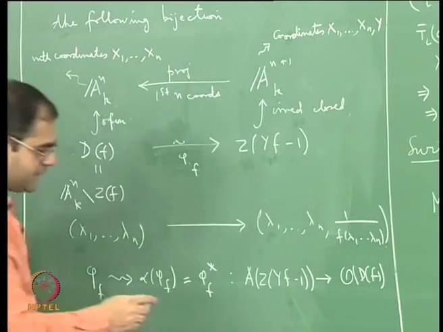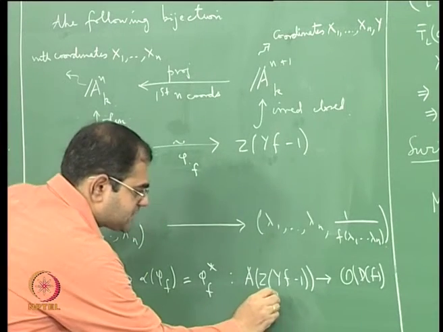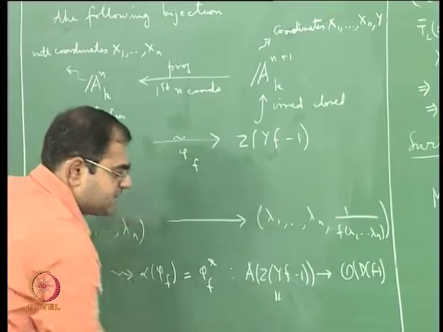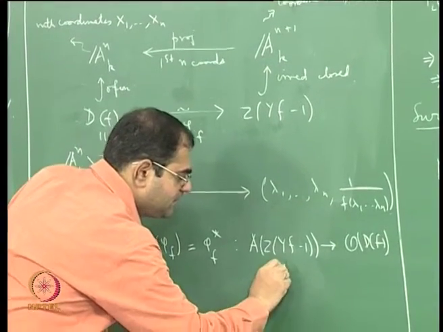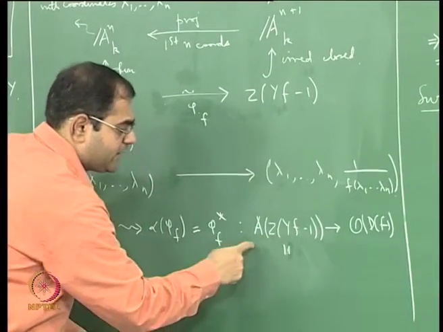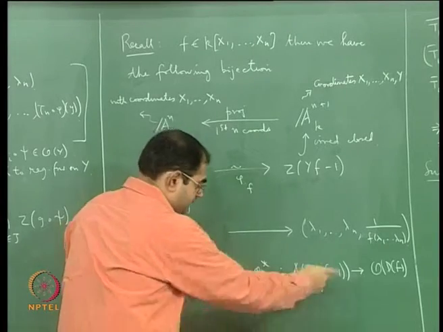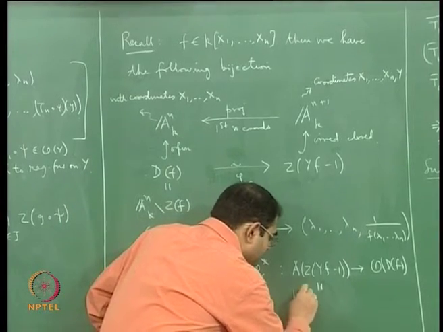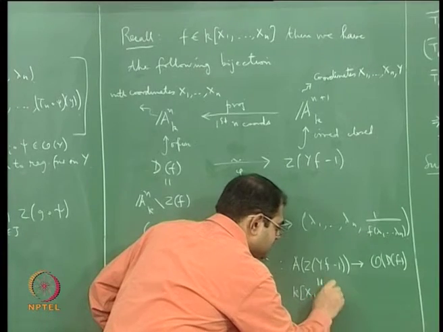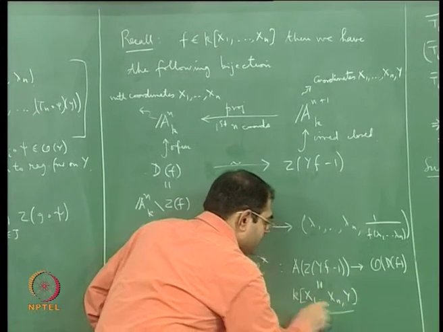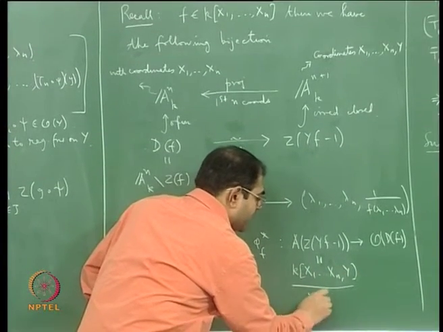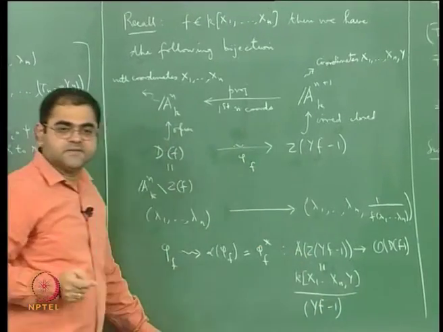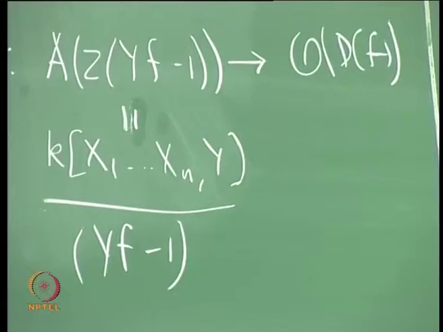And see this coordinate ring, the ring of functions, is given by simply k[x1 through xn, y] divided by (yf minus 1). This is what it is. This is the ring of functions on that irreducible closed subset.